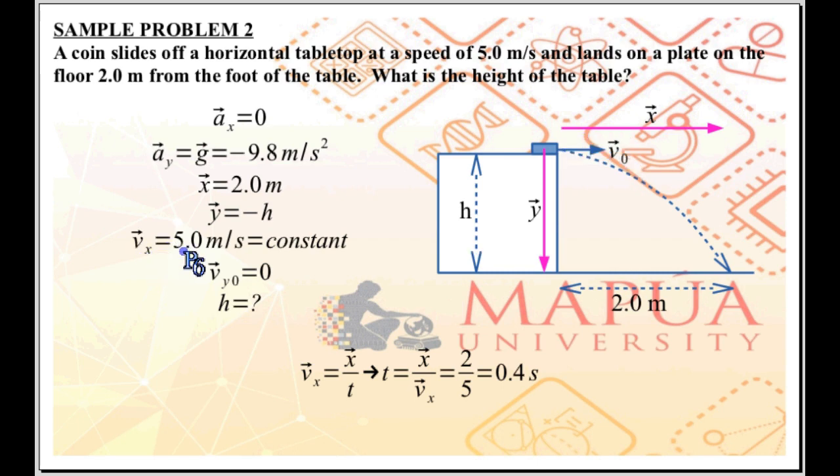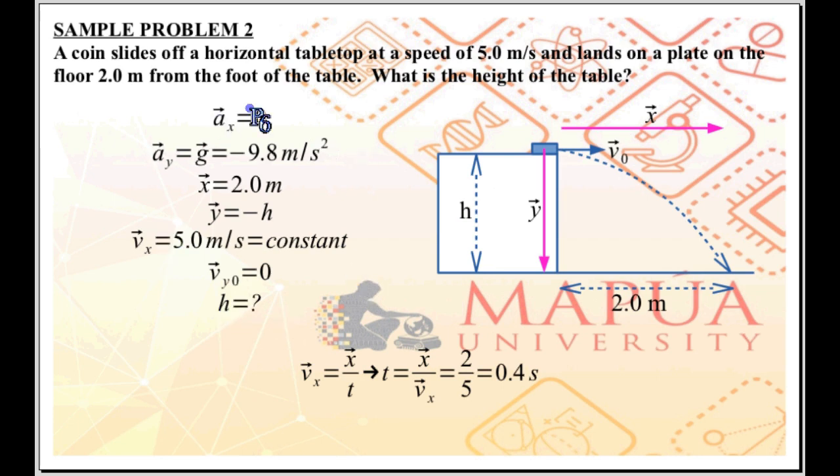So Vx is equal to positive 5 meters per second. Since ax is 0, uniform motion, Vx is constant. On the other hand, since all of V naught is in the x component, initial Vy is 0. And once again, we are being asked to determine the height h of the table.